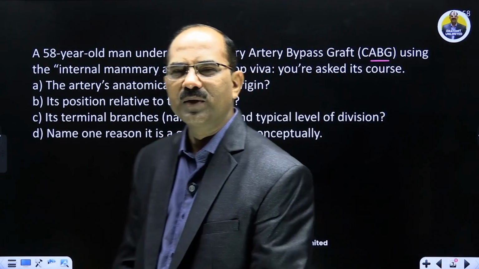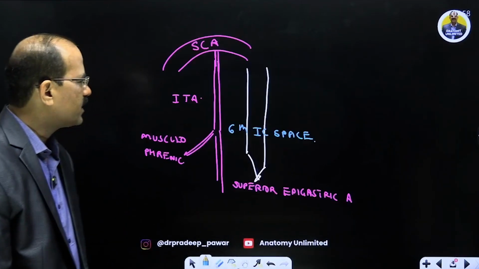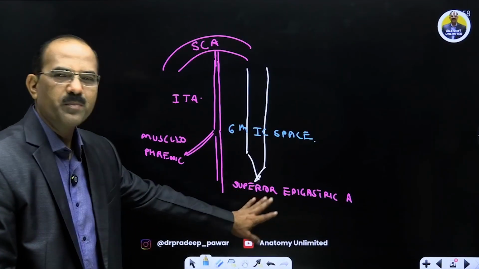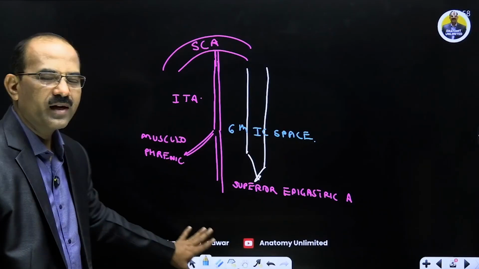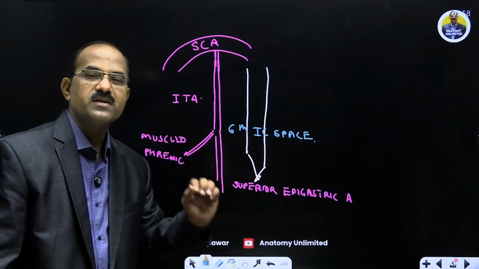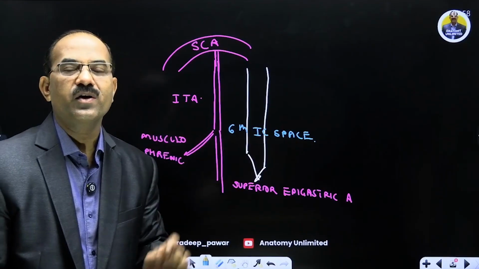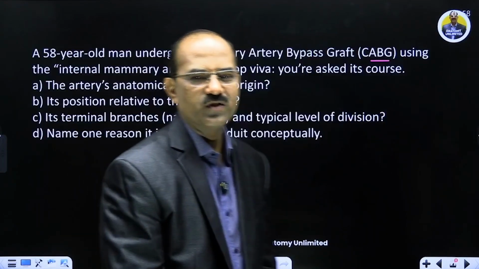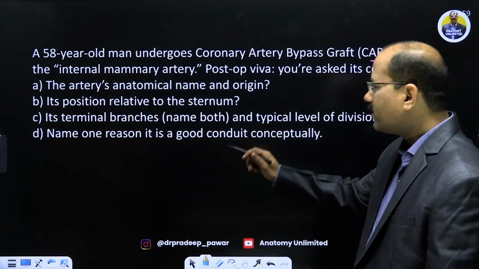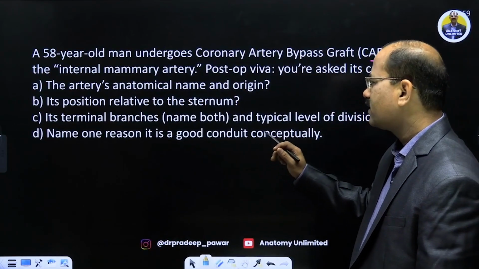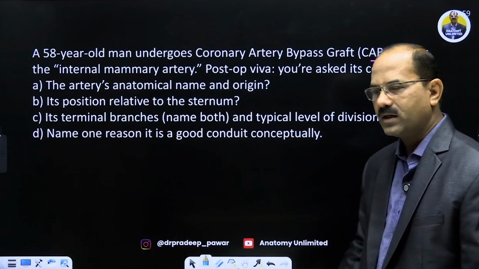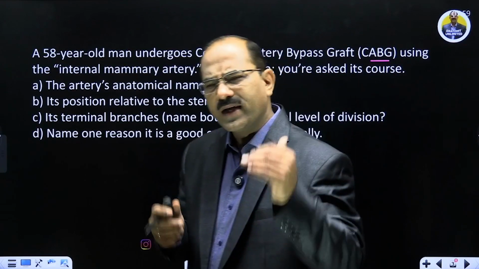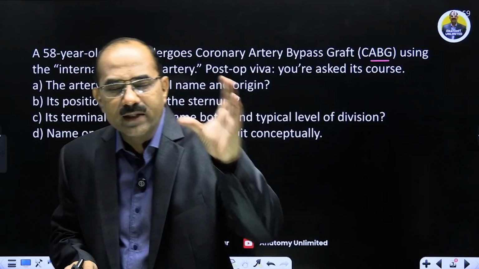Its terminal branches and typical level of division: the terminal branches are the superior epigastric artery and the musculophrenic artery. It divides at the sixth intercostal space. And name one reason it is a good conduit.